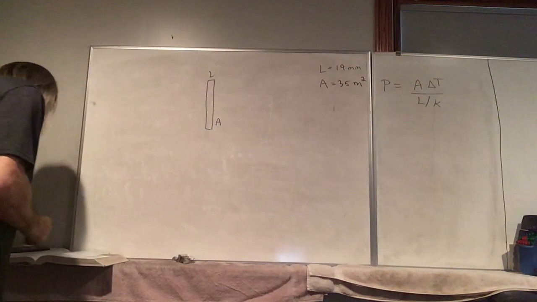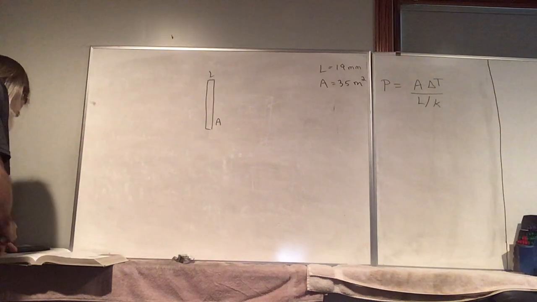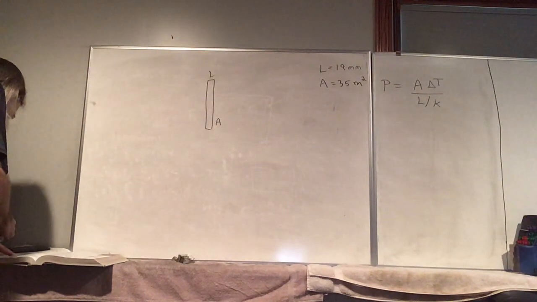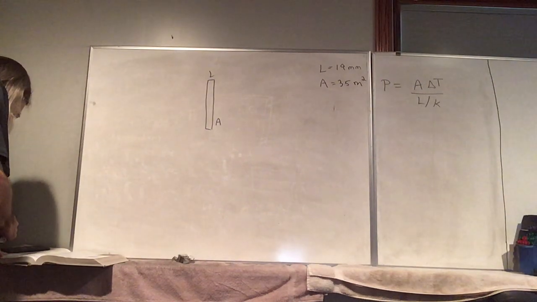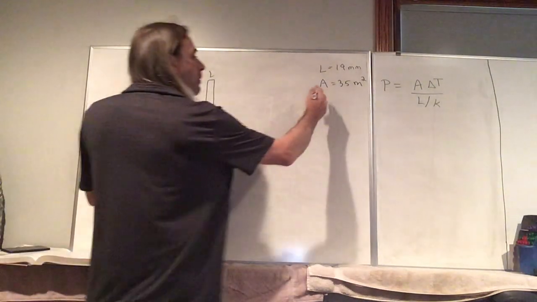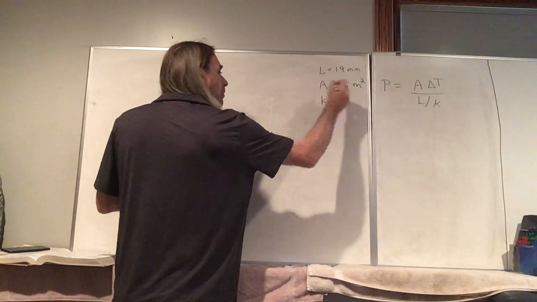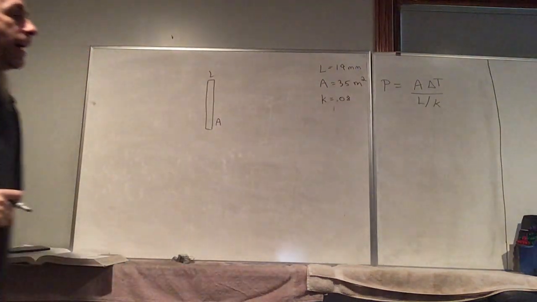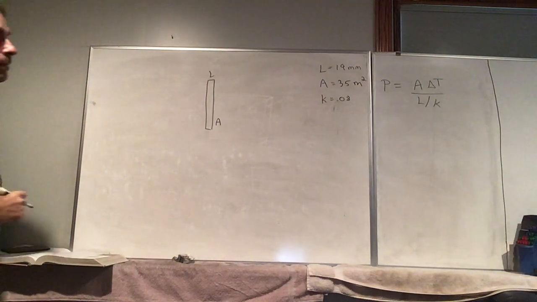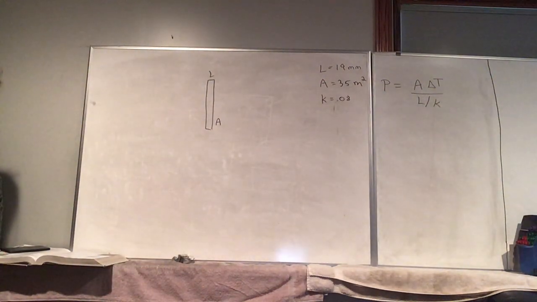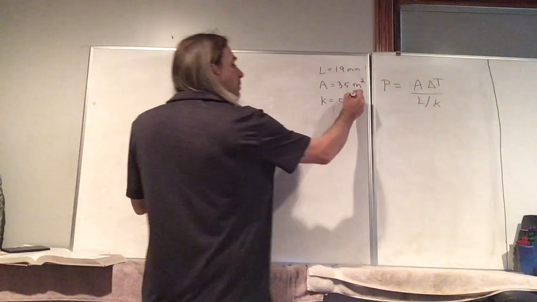Now, plywood, I have to look up the thermal conductivity, is 0.08. Now, the units for K, let's see, it's joules over, or let's say watts over meter Celsius degree.